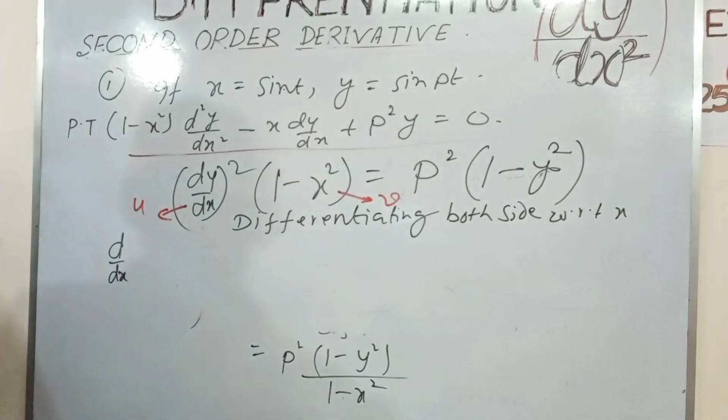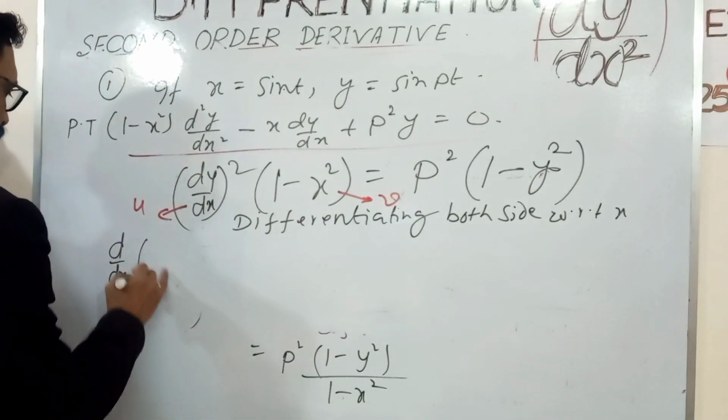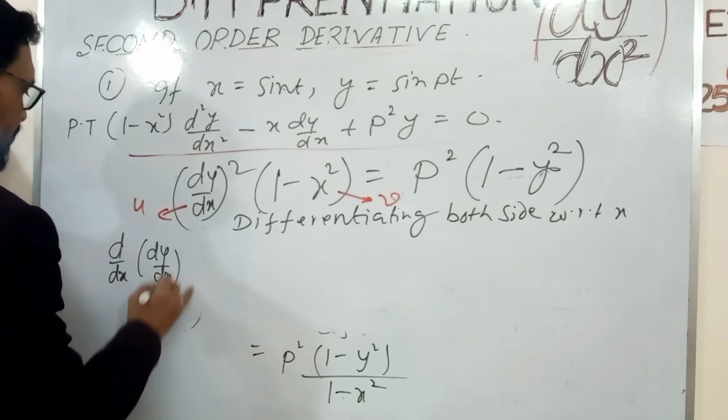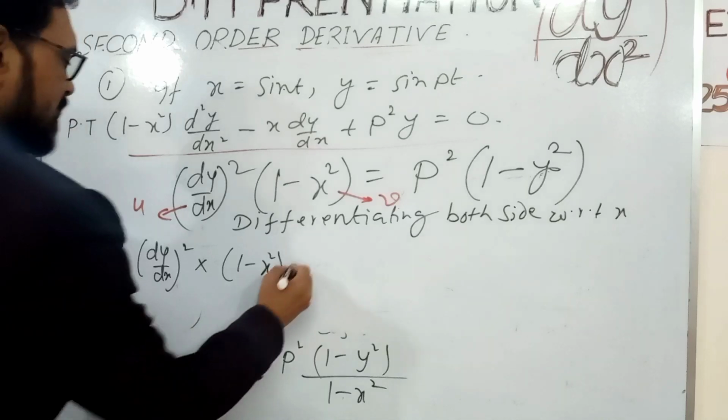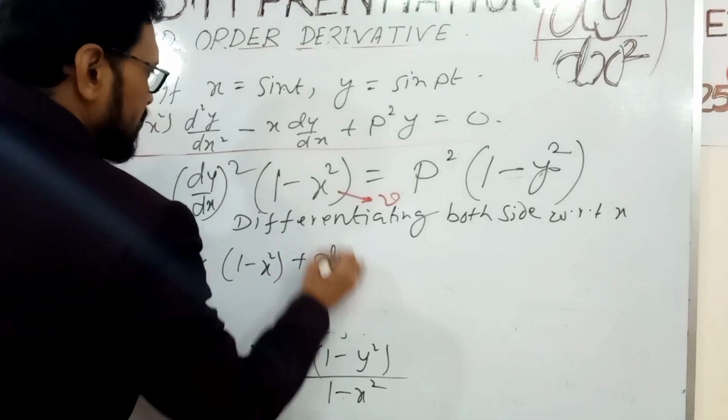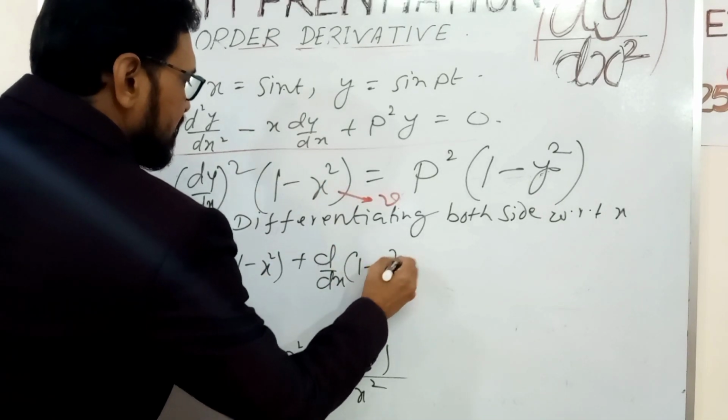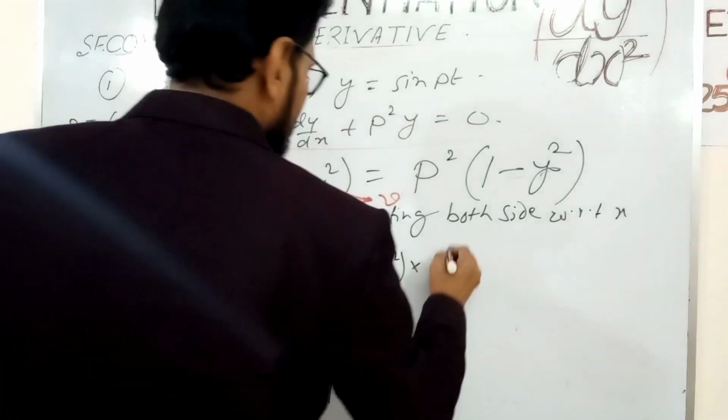First differentiate this: derivative of this into this constant, plus derivative of the other, then this constant.